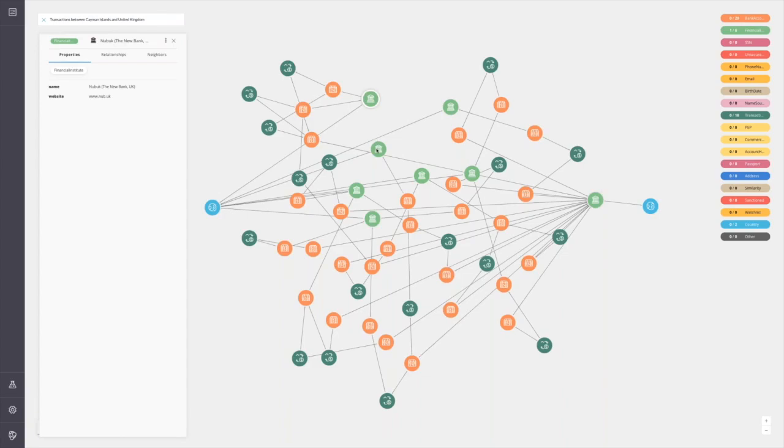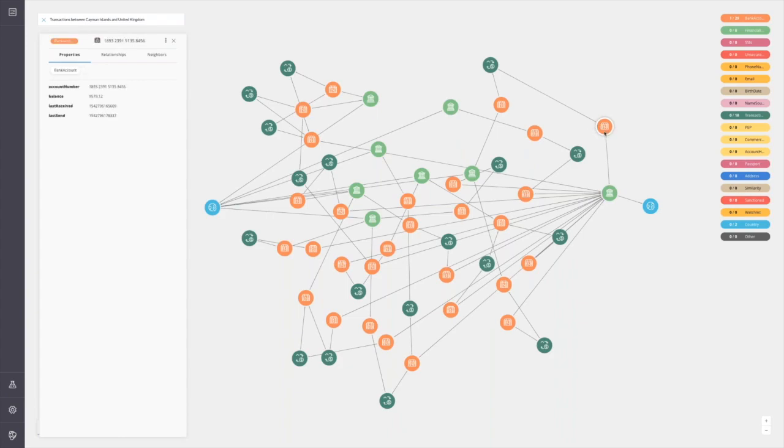Here are a number of other banks that we've received transfers from. And then you can see transfers and individual accounts, right? So this might be something, if you wanted to look into all the accounts that we're sending money to and from the Cayman Islands, this is the sort of view that you might find useful.